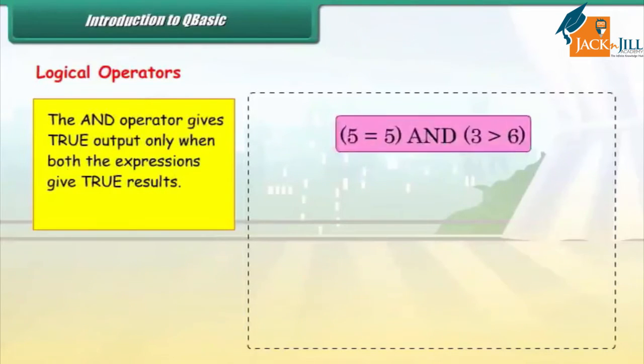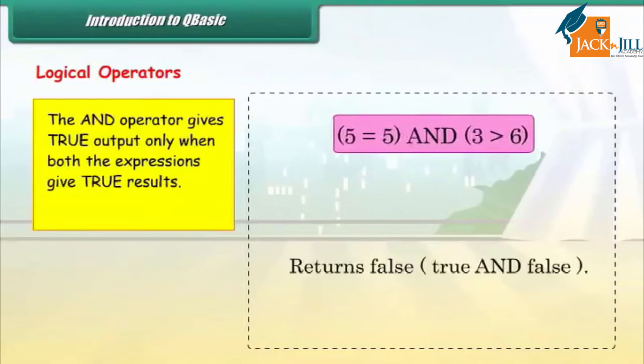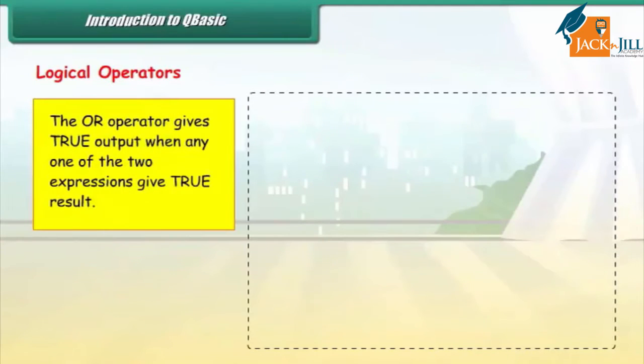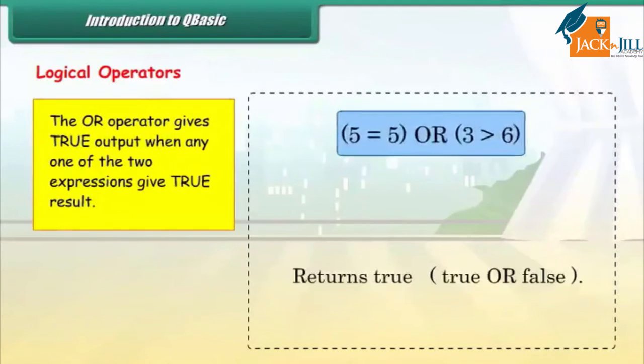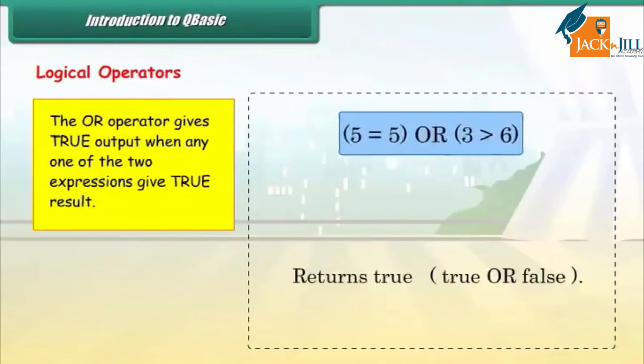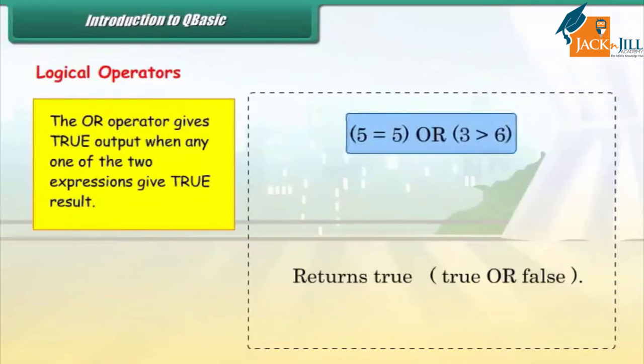The AND operator gives true output only when both the expressions give true results. The OR operator gives true output when any of the two expressions give a true result.